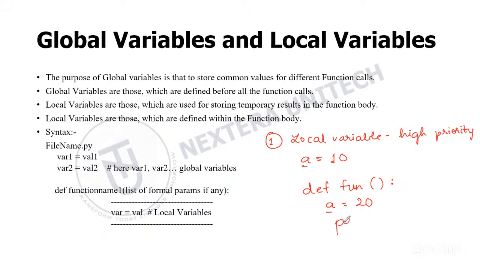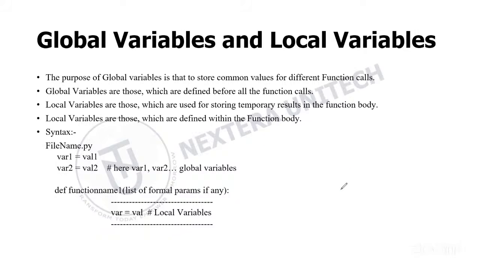When I call this function and try to print a, it will print only this 20 value, that is the local variable. It won't print the global variable, which is 10. So local variable has high priority when you are running your function.